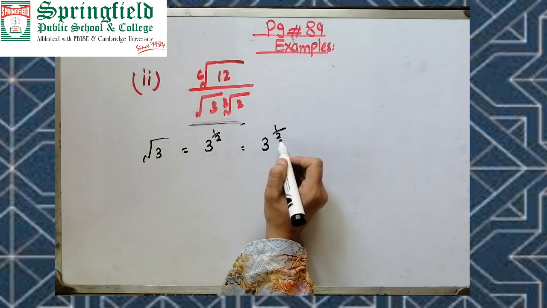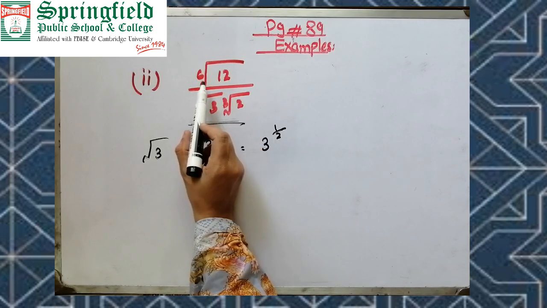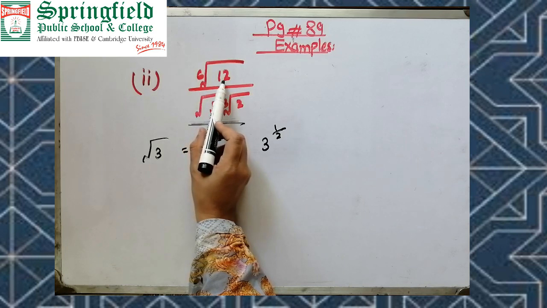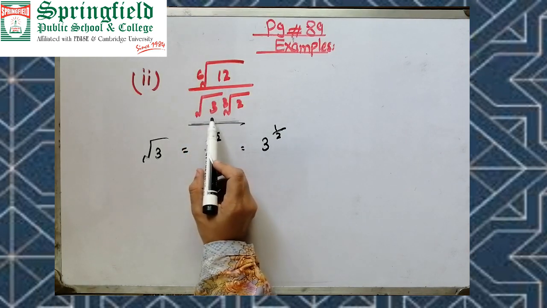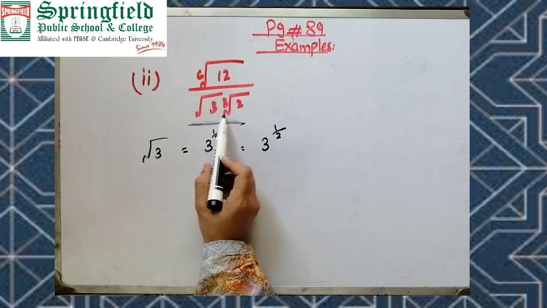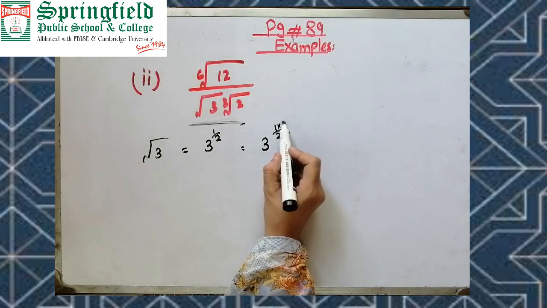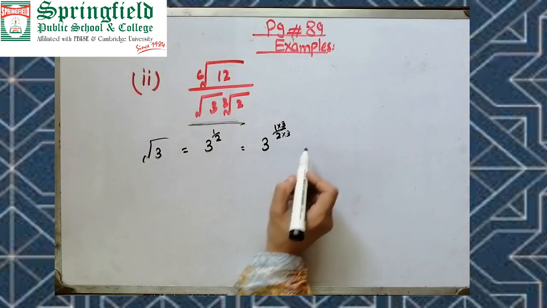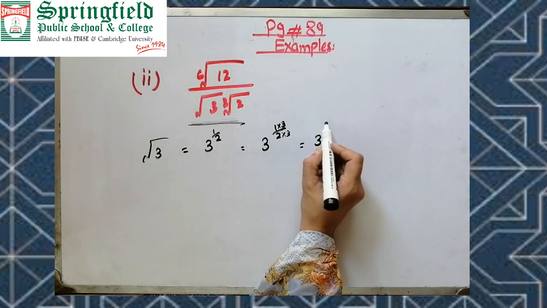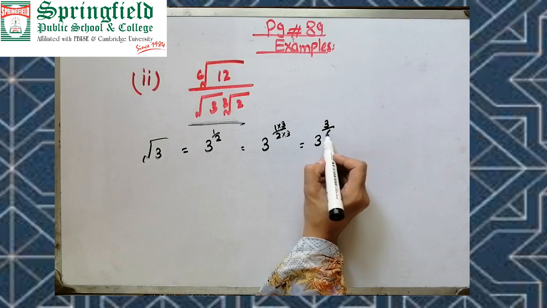So which number will multiply with the 2? Because here the 6th root of 12 and we are making the 6th root of the denominator. So multiply with 3, and 3 will also multiply with the numerator.